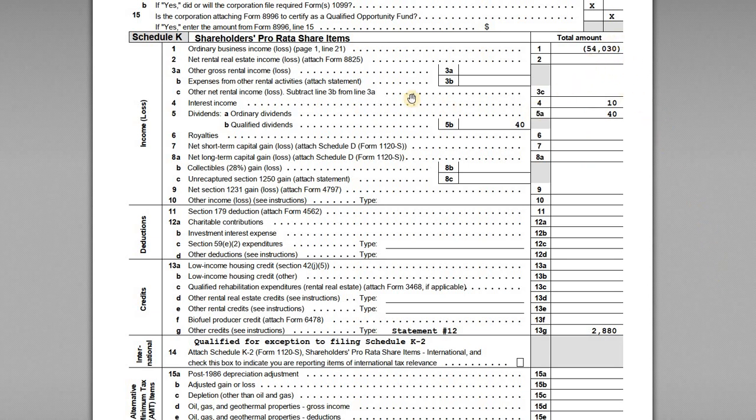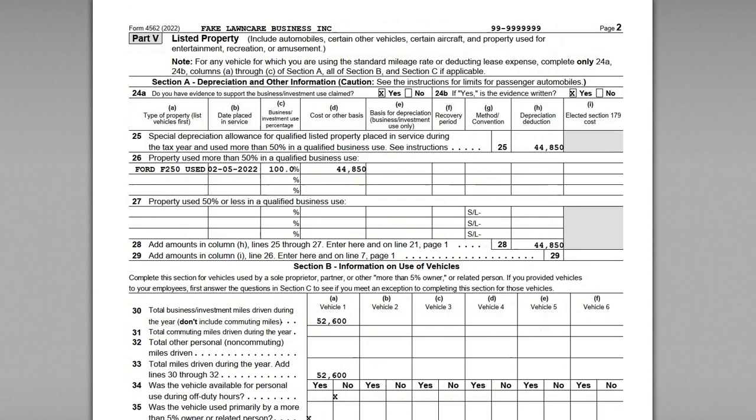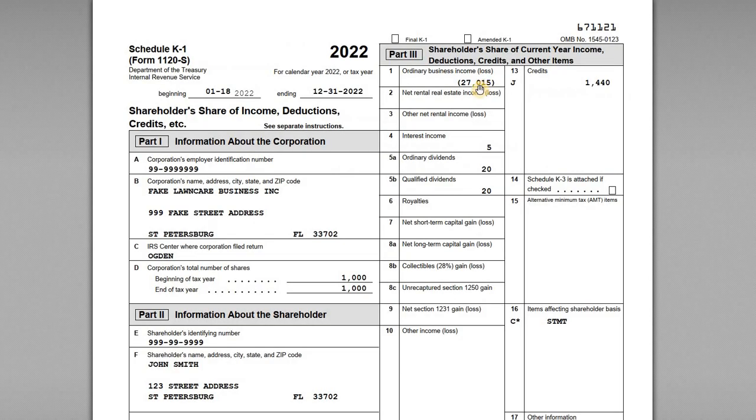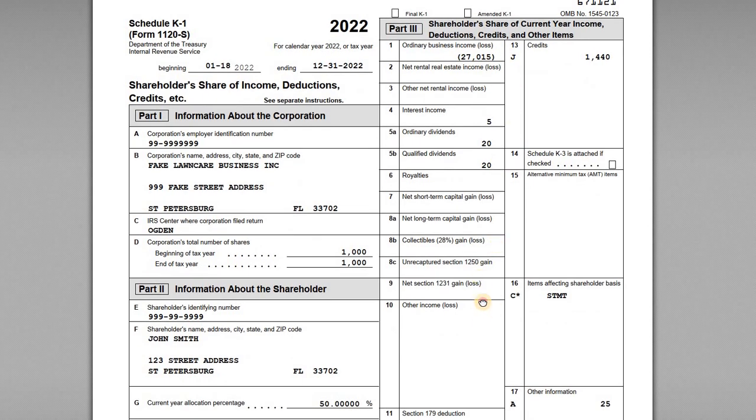So 54,030 is the total amount of net ordinary loss, and then that is allocated to John and Jane under their respective ownership percentages. So if I go back to John's K-1, his line 1 amount is 50% of the allocation from line 1 ordinary loss, right? And then the same principle applies for all the other line items.